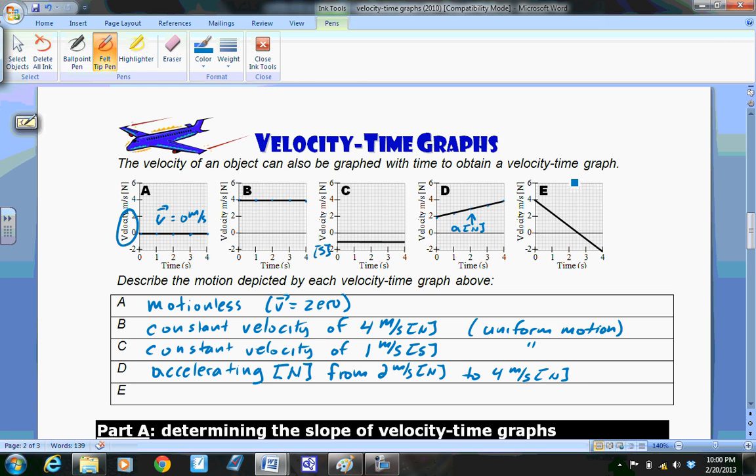Now E is a little different. What happens is we're going from a velocity of 4 meters per second north at 0 seconds to a velocity of 0 meters per second right here. So in other words, we're coming to a stop. We're moving northwards, coming to a stop. We must have a southward acceleration, therefore.